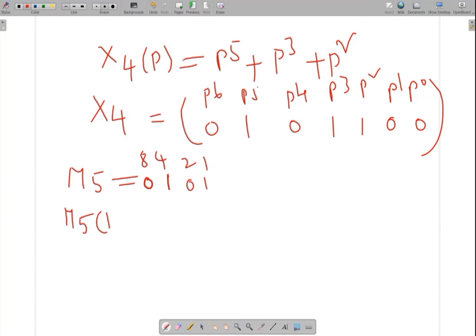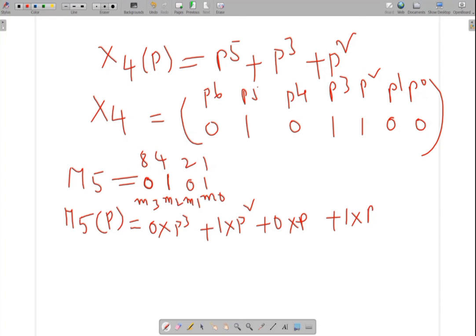M5 of P is equal to, here this is the M0 individual representation, M1, M2, M3, because K is equal to 4. 0 into P cube plus 1 into P square plus 0 into P plus 1 into P power 0 is 1. Here M5 of P is equal to P square plus 1.